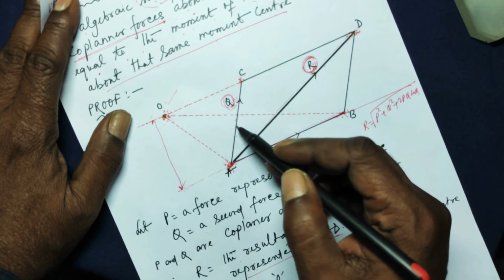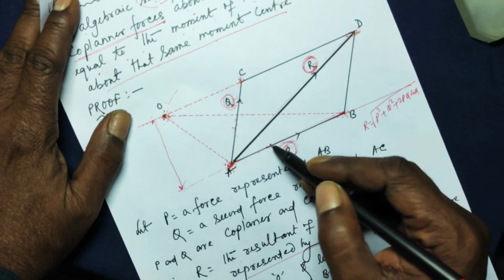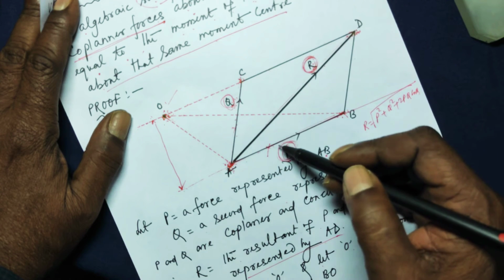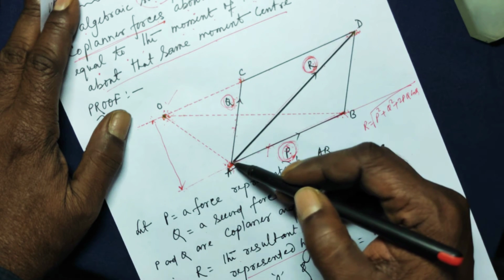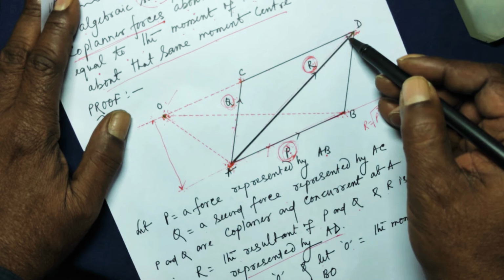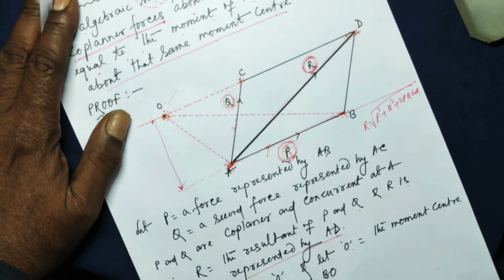If you reject P and Q, instead of applying them simultaneously, and apply a single force R to this side, then it will have the same effect. That is called the parallelogram law of vector addition.